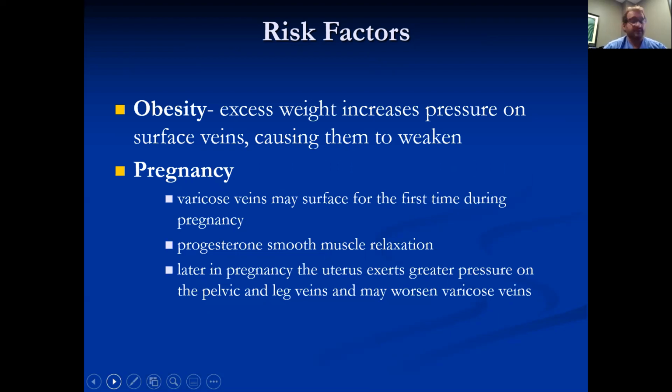So obesity is really a significant issue with veins. The more obese patients are, the higher their right-sided heart pressures tend to be, which is transmitted to all of their veins. And that increased pressure will accelerate that weakening. There actually was a paper that came out at the end of last year that stated that patients over a BMI of 45 are particularly a problem, and you might need to consider weight reduction before trying to go ahead with treating, because those patients didn't do as well in their treatment plan.